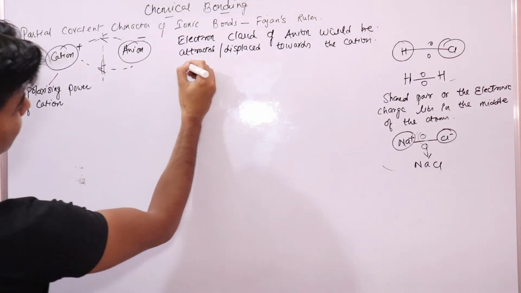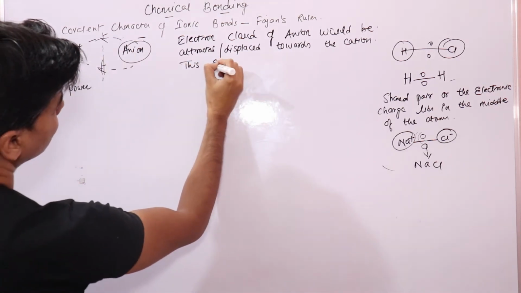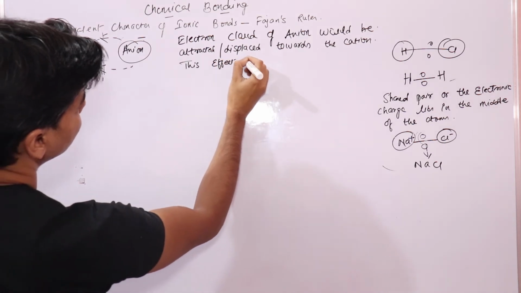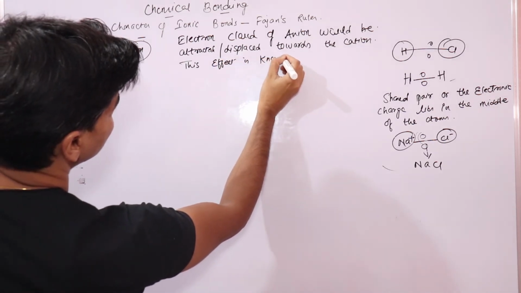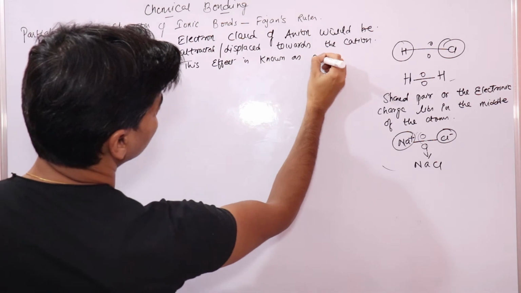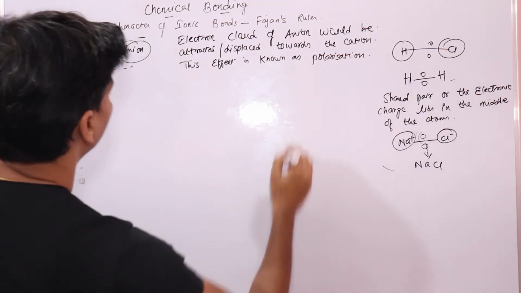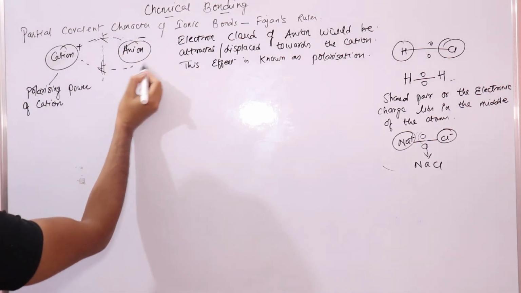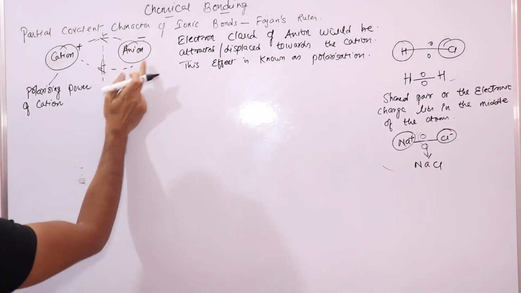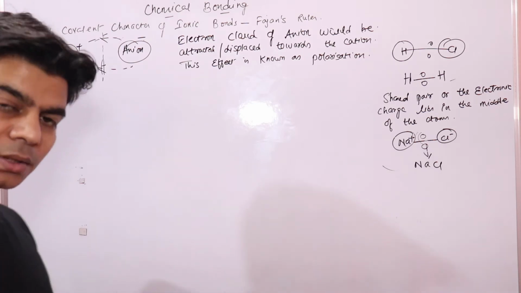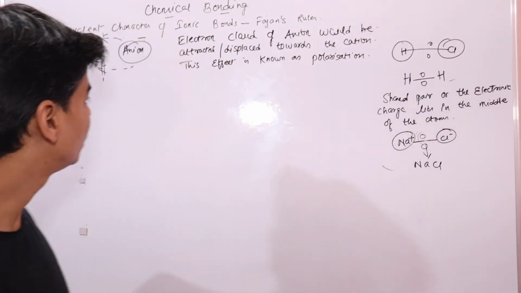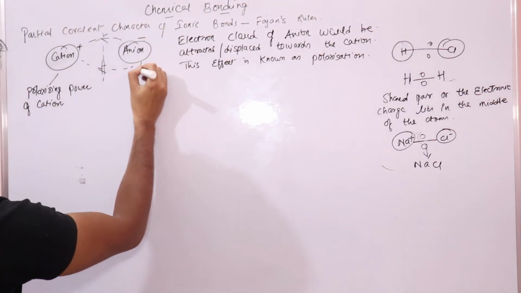And the tendency of the anion to get polarized is known as polarizability.